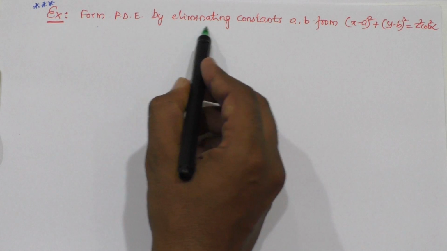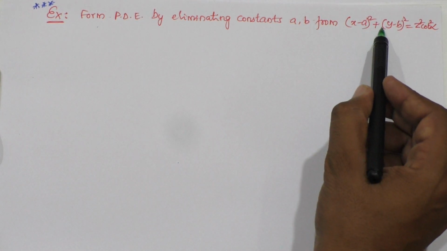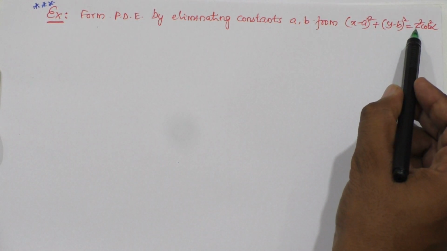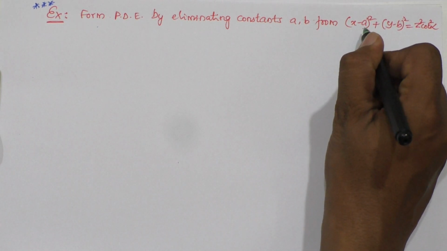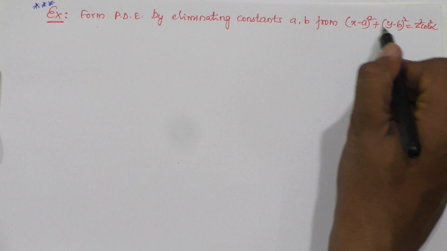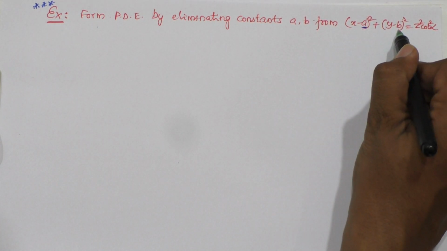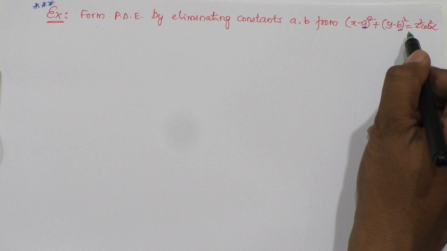Another example: form the PDE by eliminating arbitrary constants a and b from x minus a whole square plus y minus b whole square equal to z square cot square alpha. Here we need to find the PDE by eliminating constants a and b. These terms we need to eliminate through partial differentiation.